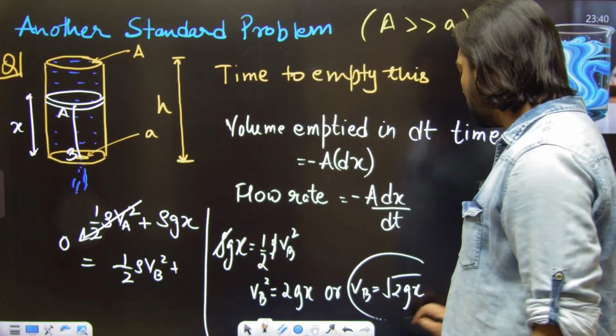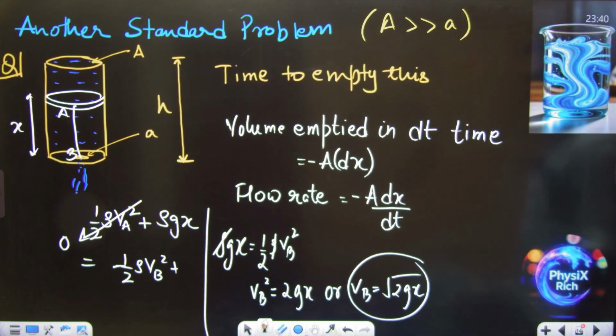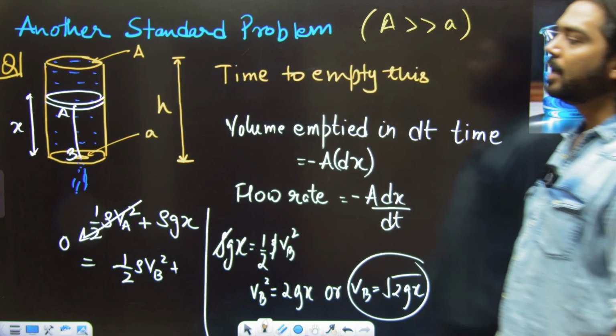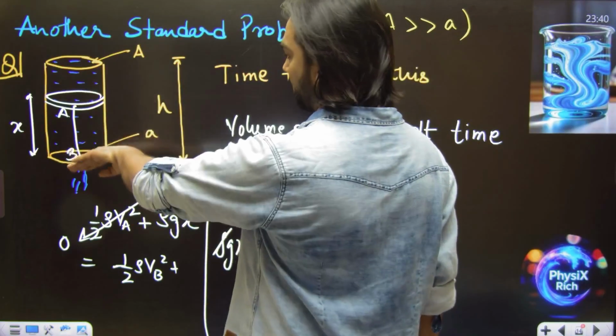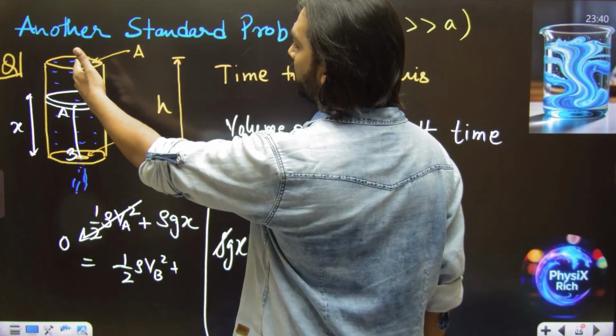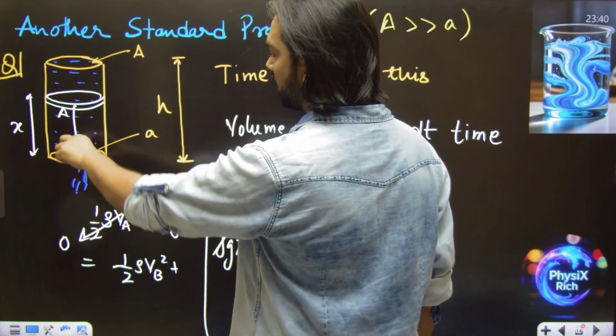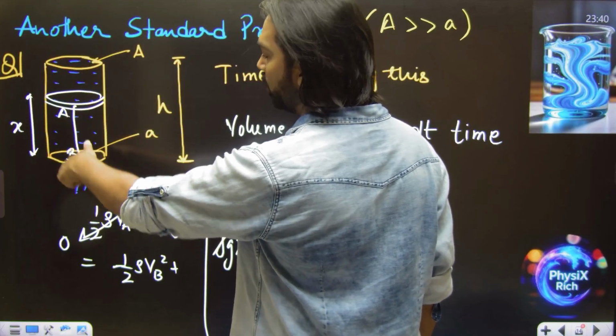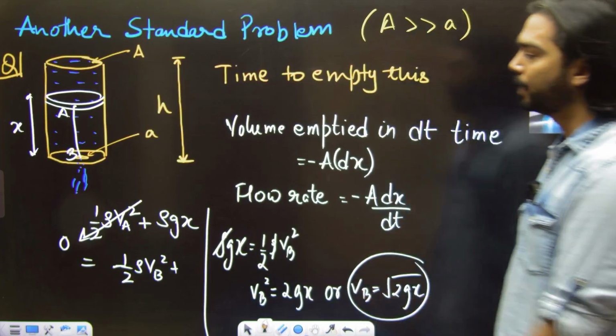So this is what Torricelli said. This is what Torricelli's law is, that if the liquid has a height of x and it is open to atmosphere above and below, then the velocity with which the fluid will flow out is square root of 2gx.